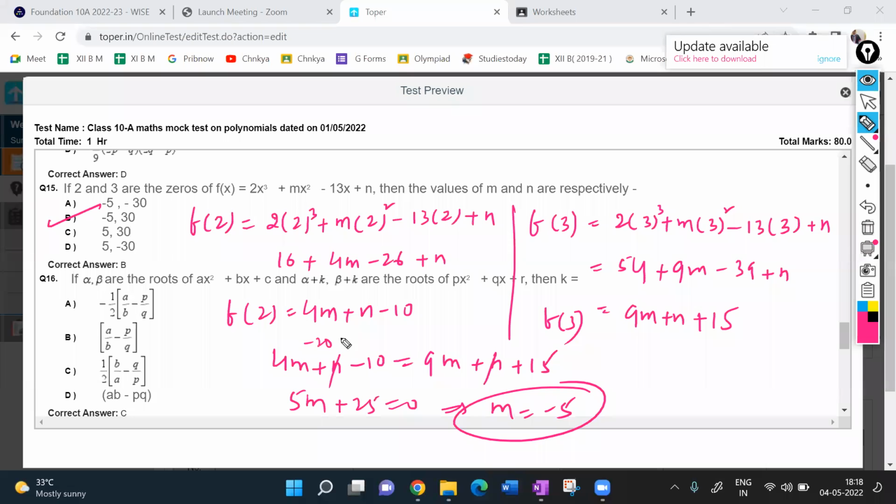Minus 20 plus n minus 10 is equal to 0. So n value is 30. Check from this. Isn't it, guys? Any doubts? No, sir, very simple. Plus 30, correct? Shall I clear the screen? Yes, sir. Shall we move forward? Yes.